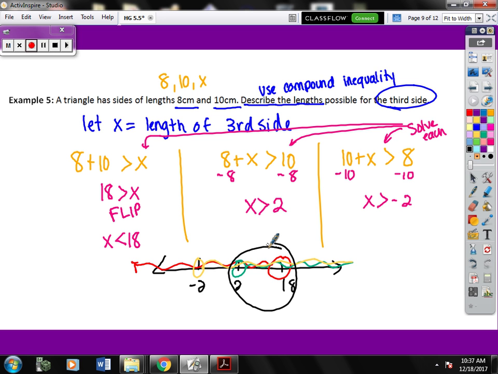The negative 2 you can just always throw out because you can't have a negative side length, but it also can't be 1 or 0, because it wouldn't satisfy all three of the compound inequalities.